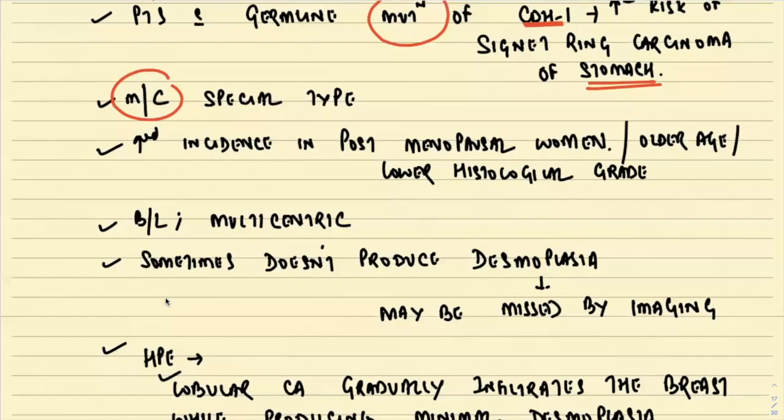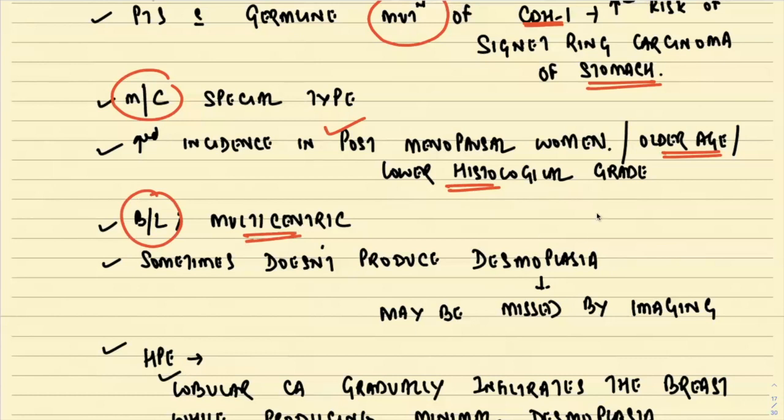It occurs most commonly in post-menopausal and older women, and these tumors have a lower histological grade. They are often bilateral and multicentric in nature. What do you mean by multicentric?